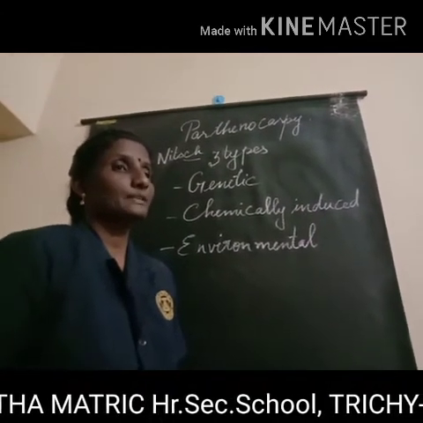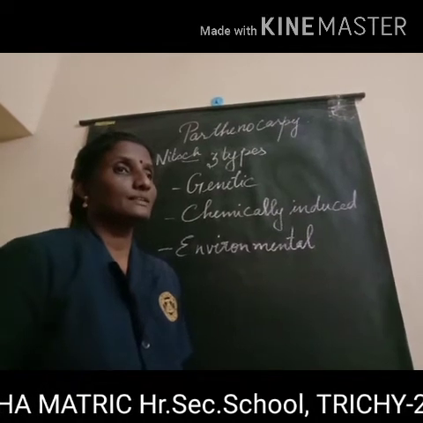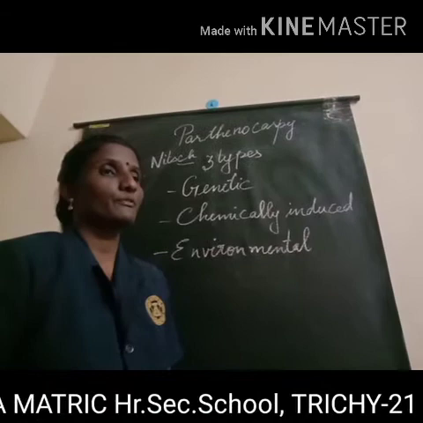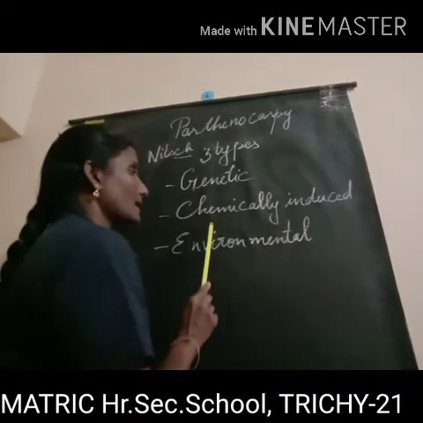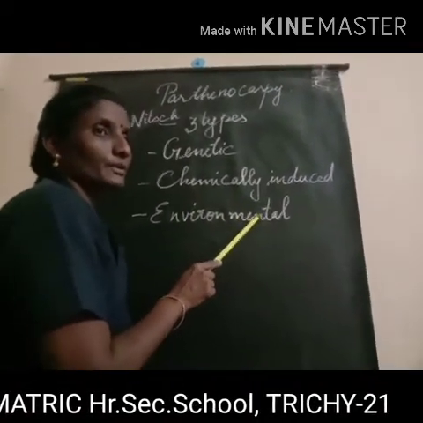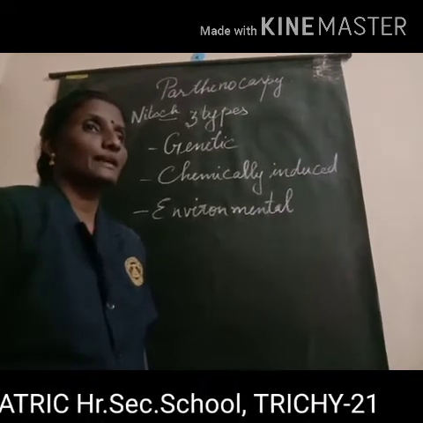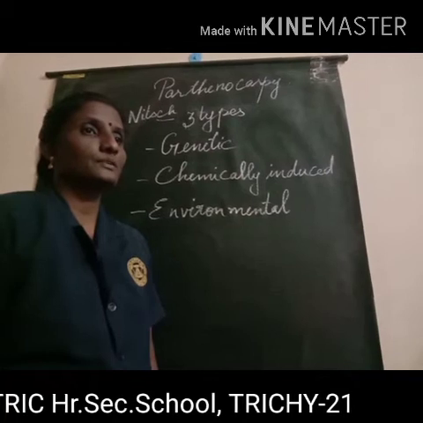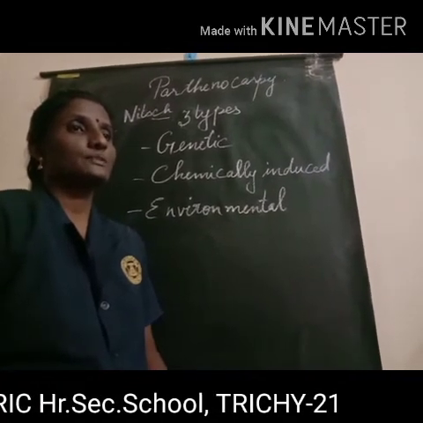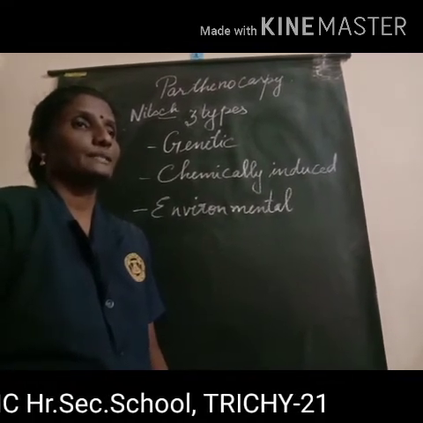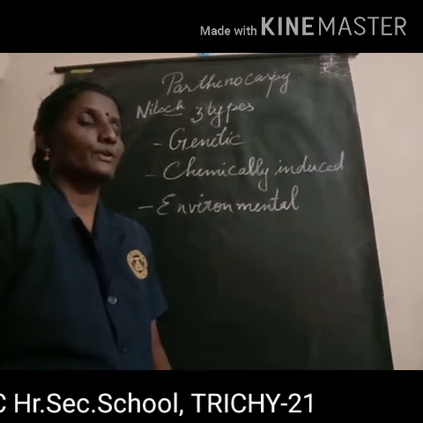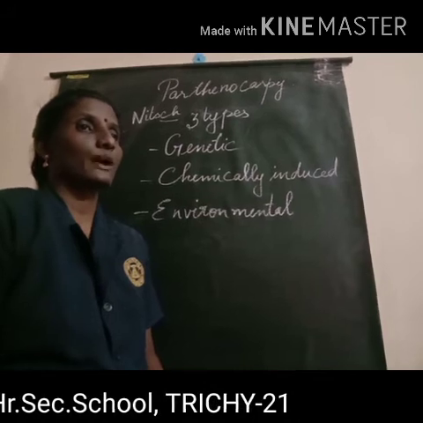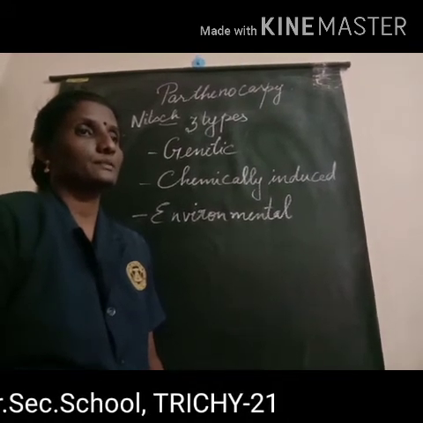The growth promoting substances like auxin and gibberellin will induce the parthenocarpic fruit. Next is environmental parthenocarpic fruit. Environmental conditions like frost, fog, low temperature, high temperature, etc. induce parthenocarpy. For example, low temperature for 3 to 19 hours will induce parthenocarpy in pear plant.